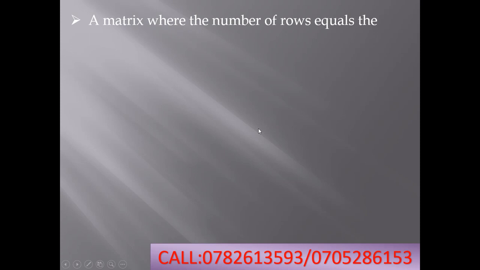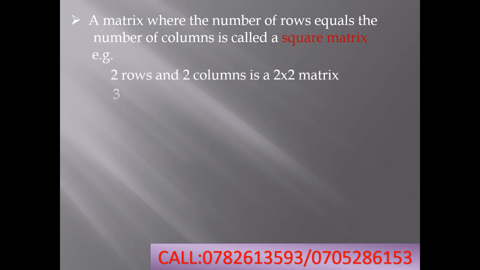Similarly, a matrix where the number of rows equals the number of columns is given a special name. Where you find that the number of rows is equal to the number of columns, that is a special matrix. We call it a square matrix. E.g., if a matrix has 2 rows and 2 columns, then we call it a 2 by 2 matrix. Now this one is a square matrix.